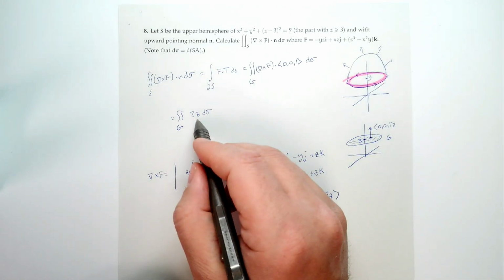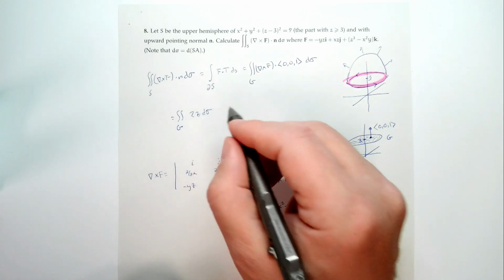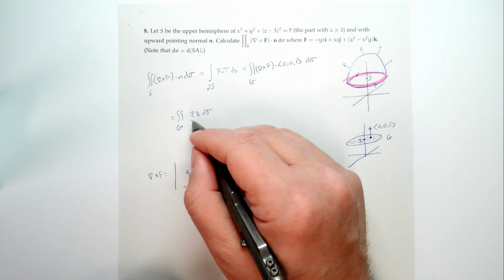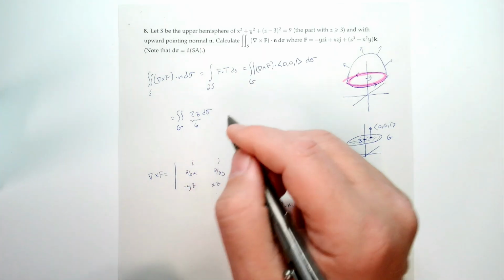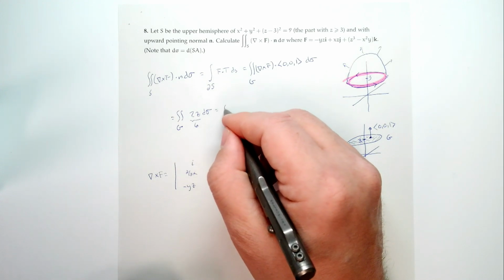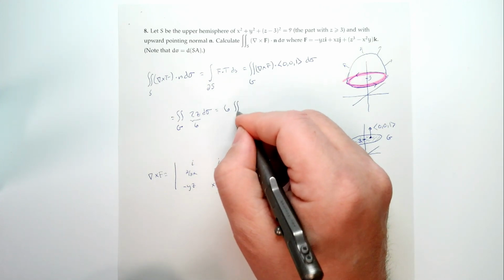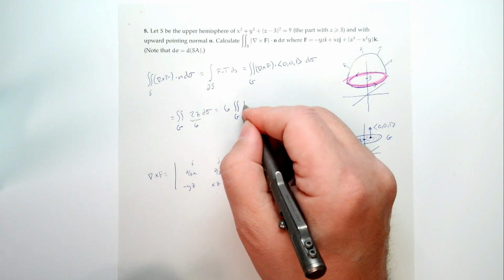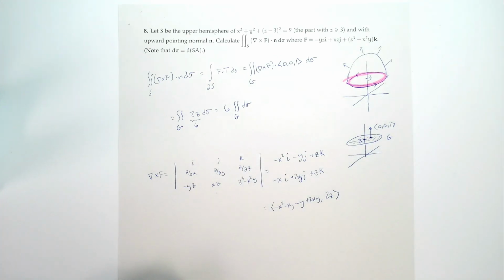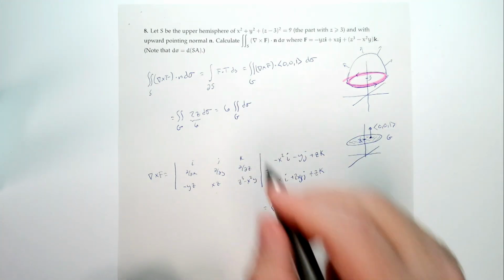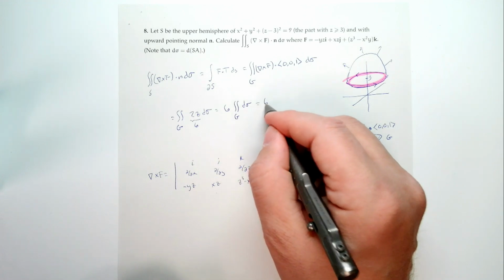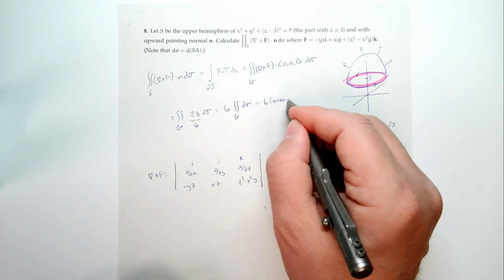So z is always 3, which means that this is 6. It's a constant, and I can pull it out. So that's 6 times the integral over G of d sigma. Well, that's 6 times the area of G.